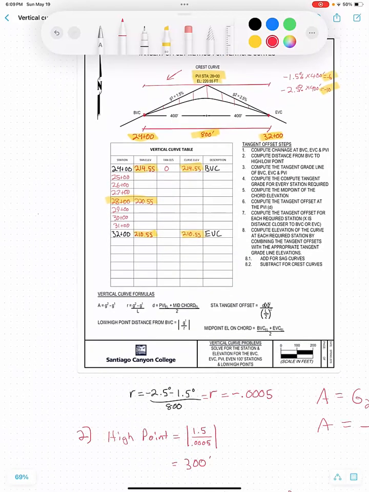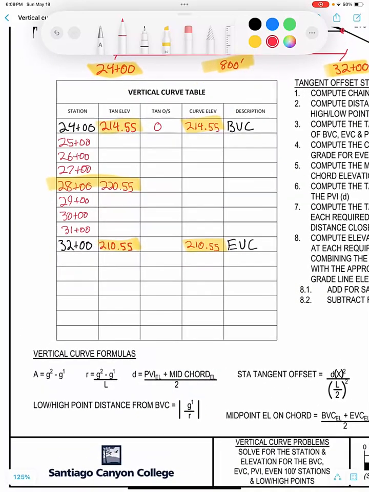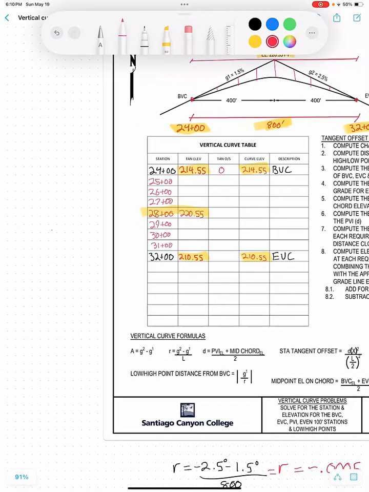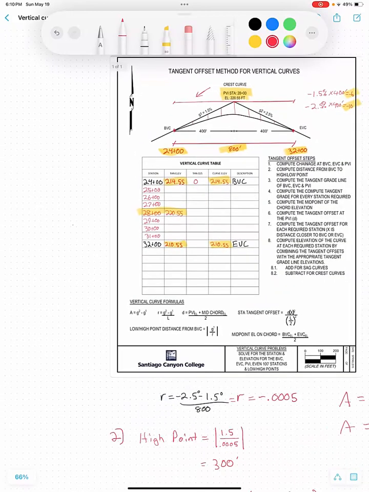Now I'm going to do the first one, and then I'm going to make you guys do the rest on the rest of the video. Or maybe I'll just do the midpoint one. I'll do the first one at the very least.